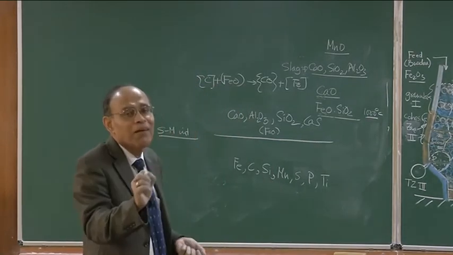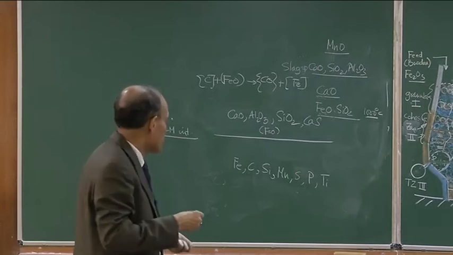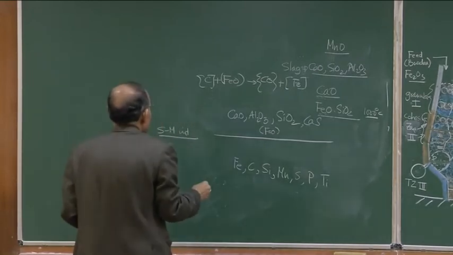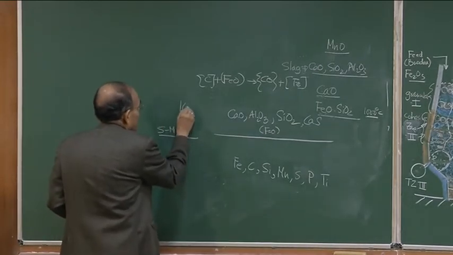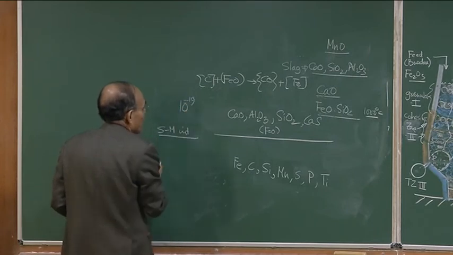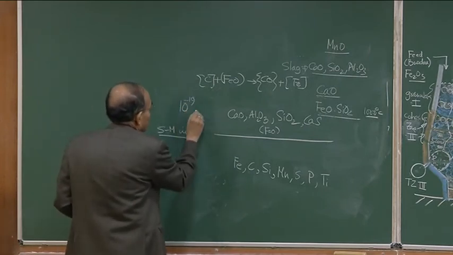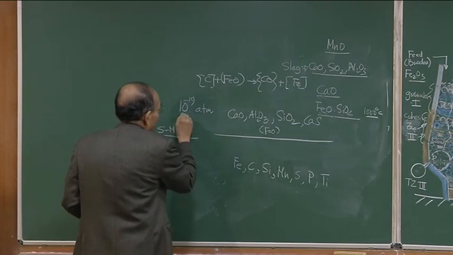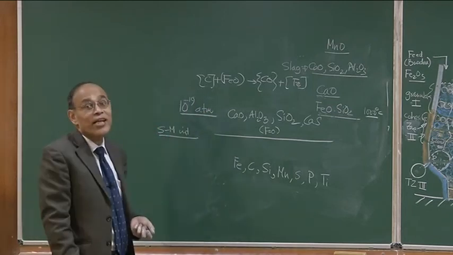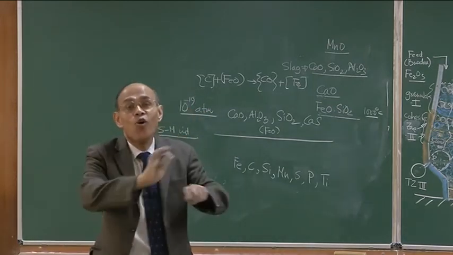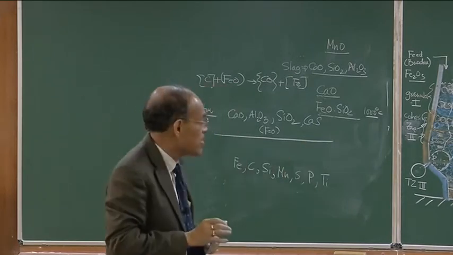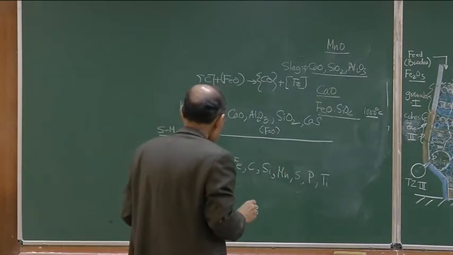Never contain means it is less than 0.1% or something like that, okay? Because the blast furnace environment is highly reducing. If you do the PO2 calculation, you will find the oxygen partial pressure in the blast furnace is of the order of 10 raised to the power minus 19. No free oxygen can exist in the blast furnace operation.